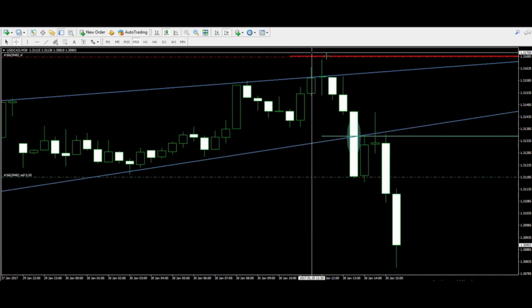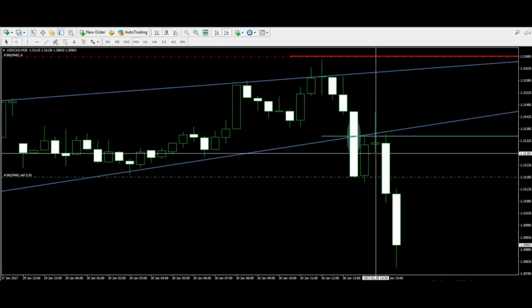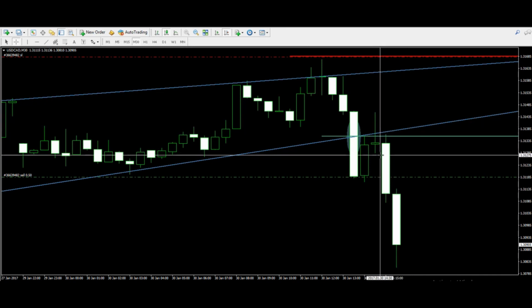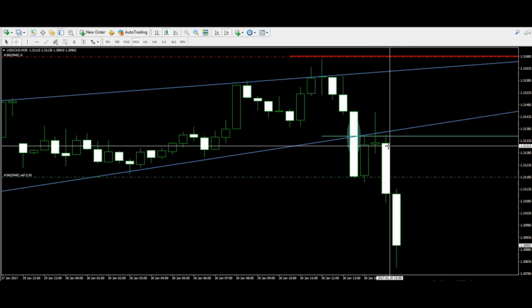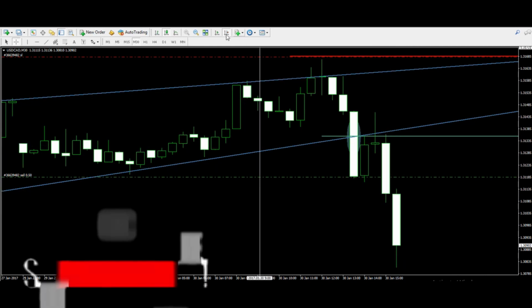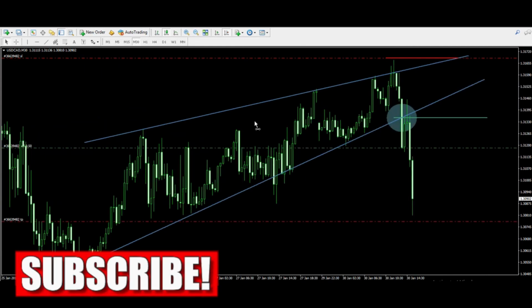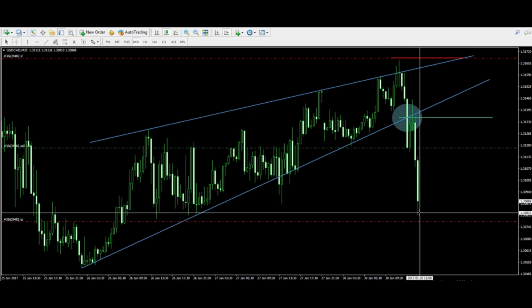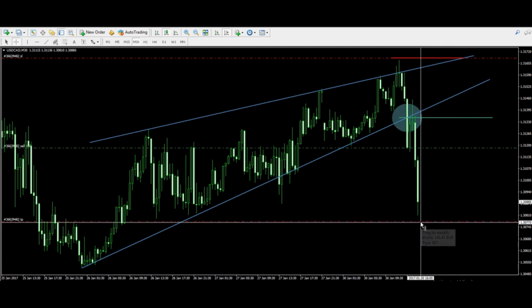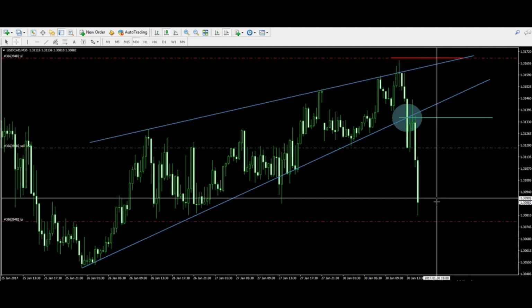Let me zoom it in for you. This is the shooting star candle pattern, which has bearish potential, and then the price action shoots downward right over here and goes very close to our take profit order, which stays at 1.3077.